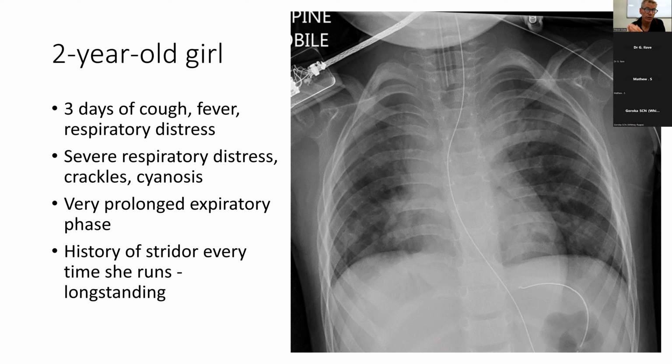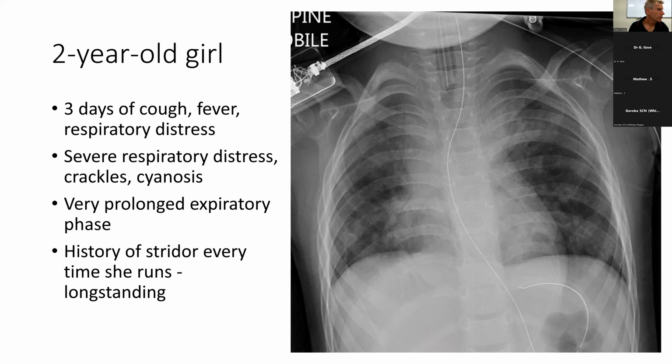So what could cause acute on chronic or recurrent airflow obstruction? What things? Well, could any of the things we mentioned so far cause it? Laryngitis, it's usually acute though, isn't it?